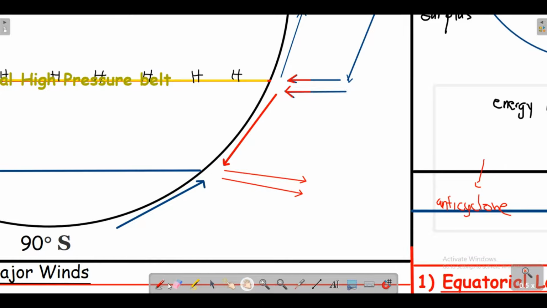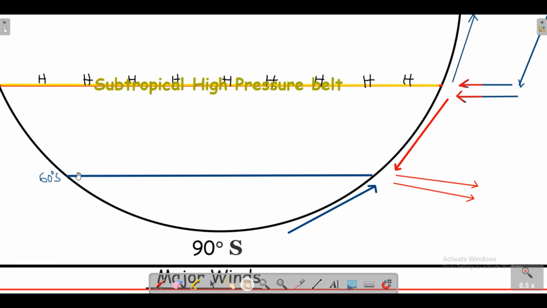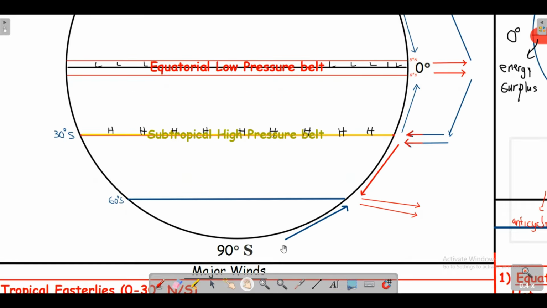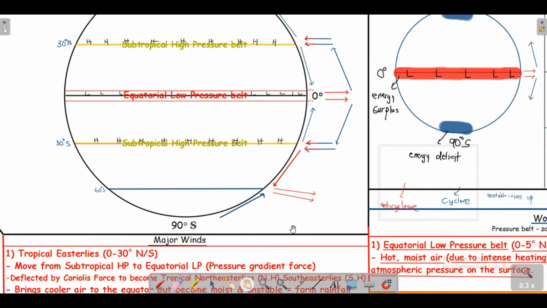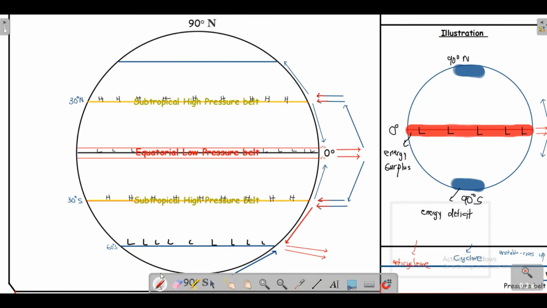And so an area of low pressure is then formed because of this upliftment at around 60 degrees. So that is a zone of low pressure over there at 60 degrees.